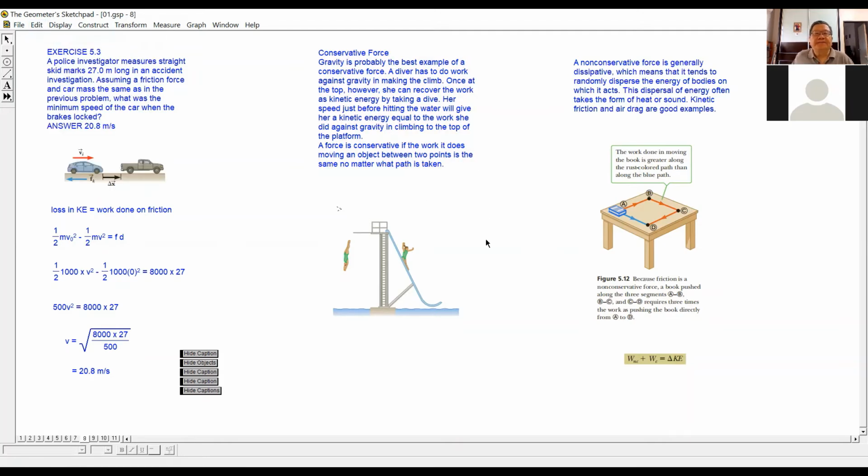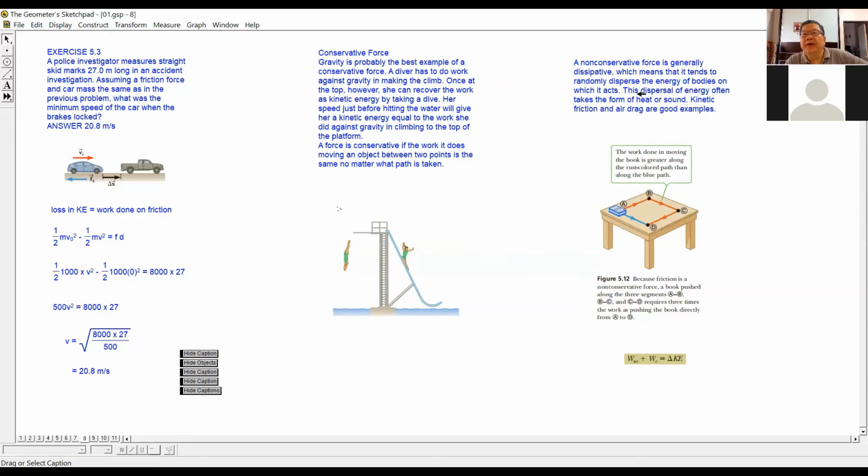A diver has to work against gravity in making the climb. Once at the top, however, she can recover the work as kinetic energy by taking a dive. Her speed just before hitting the water will give her kinetic energy equal to the work she did against gravity in climbing to the top of the platform. A force is conservative if the work it does moving an object between 2 points is the same no matter what path is taken.